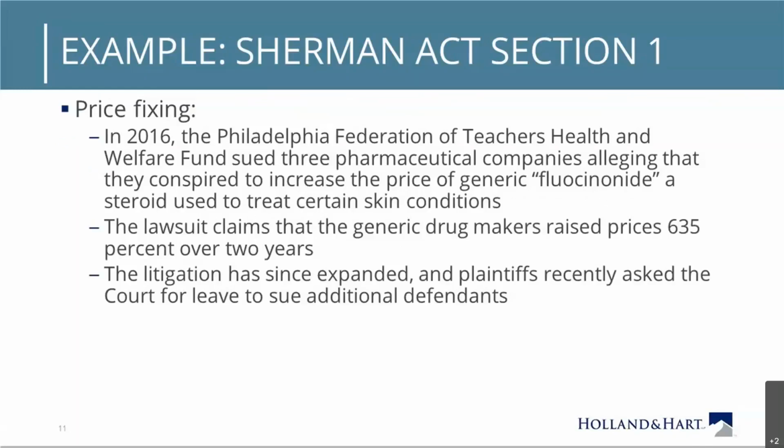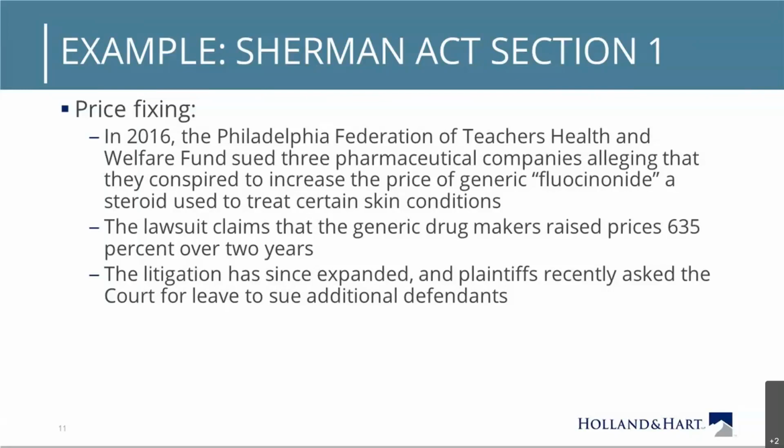So let's give an example of this. In 2016, the Philadelphia Federation of Teachers Health and Welfare Fund sued 3 pharmaceutical companies saying that they had conspired, they'd gotten together and agreed to raise the price of fluocinonide, which I am mispronouncing, but it's a steroid that's used to treat certain skin diseases, and the lawsuit alleged that these generic drug makers had raised prices by agreement 635% over a 2-year period.